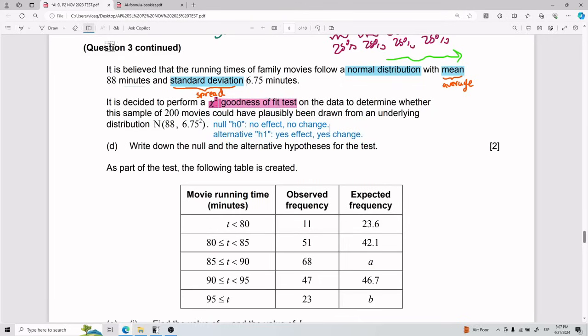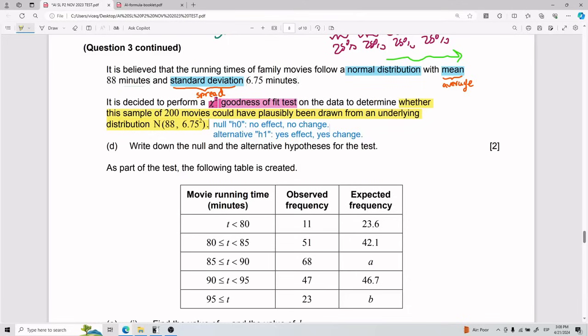And so here, what are they trying to determine? Careful, they're trying to determine whether the sample of 200 movies could have possibly been drawn from an underlying distribution. Whether it could have possibly been drawn.